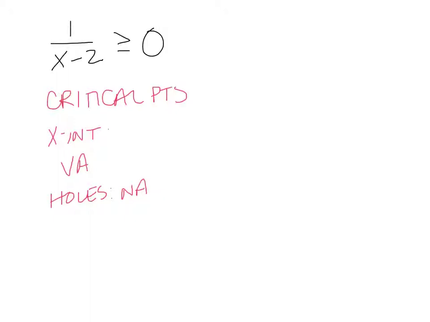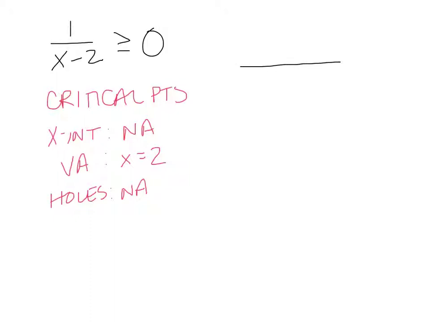The x-intercepts are the numbers that would make the numerator equal to 0. In this case, there isn't an x-intercept either. All I have is a vertical asymptote that I need to worry about. So my vertical asymptote is going to be what makes the denominator equal to 0, which is x equals 2. That is the line where the vertical asymptote exists.